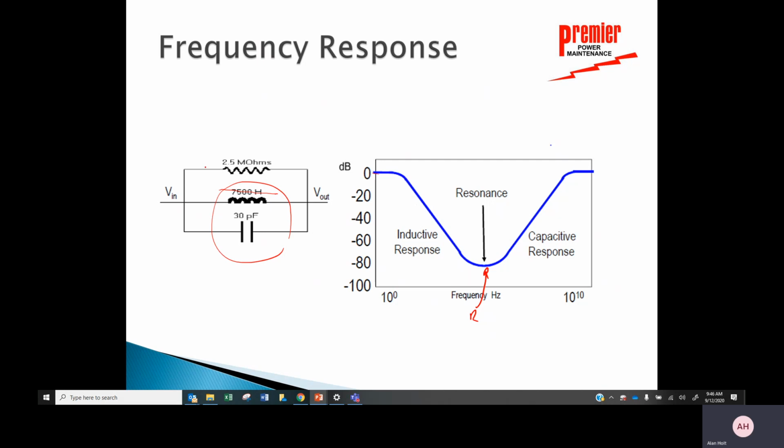When I look at the other side, the capacitive response at high frequencies is pretty small, so I will get back up to here. So this would be my response for trying to get through that tank circuit. Again, nothing can get through the tank circuit at resonance. It's a very high impedance, so I'd have a lot of losses right there.